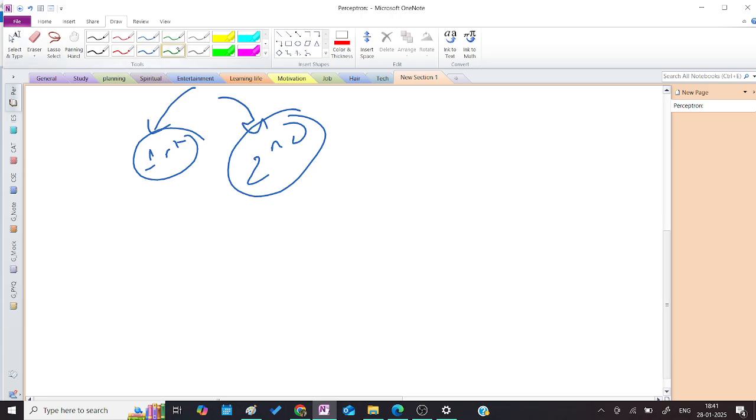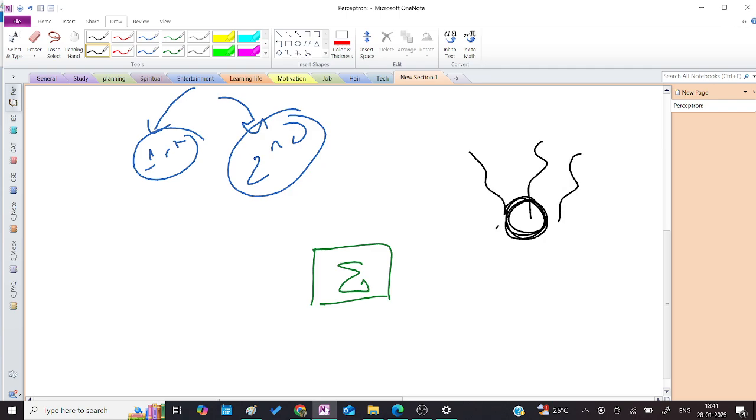So what happens in perceptron? First of all, the perceptron concept comes from neurons, right? So in neurons, what actually happens? Let me draw for you. Suppose this is the cell or body of neuron, right? And there are many dendrites.